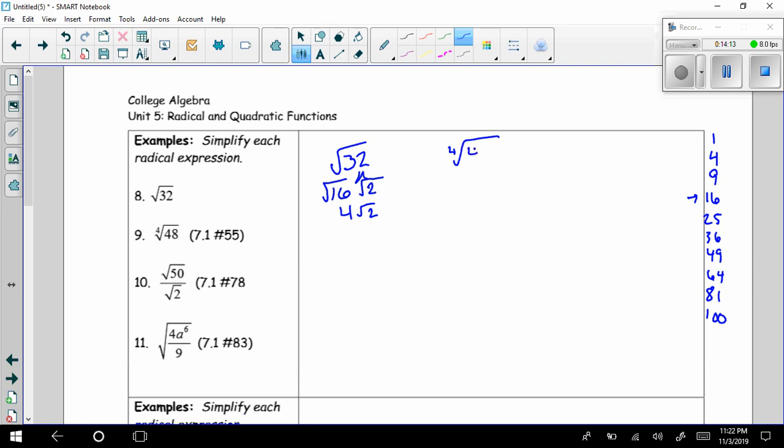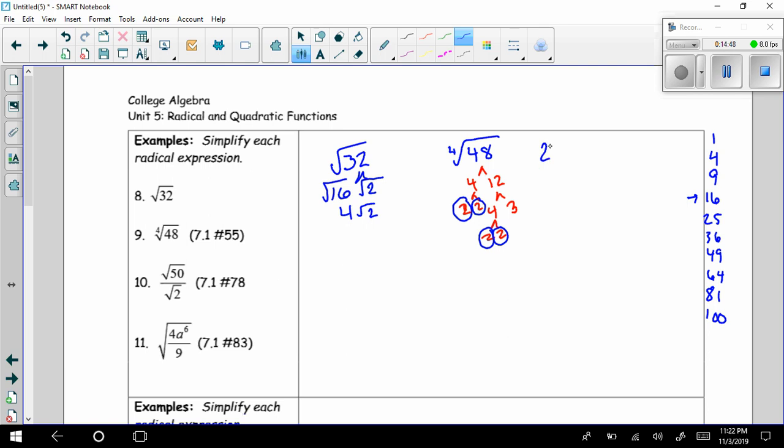This one you're doing a fourth root of 48. You don't have to list out your perfect fourths, although that's one strategy to do this. But instead we could start factoring. So I can look at this and clearly see that 4 goes in 12 times. 12 has 4 and 3. Each of these 4s is 2 2s. All right. So we look at the prime factorization of this number, and this would have worked for the 32 as well.